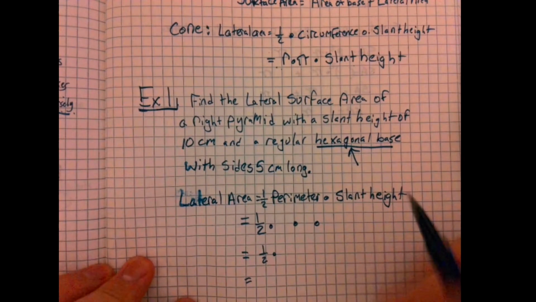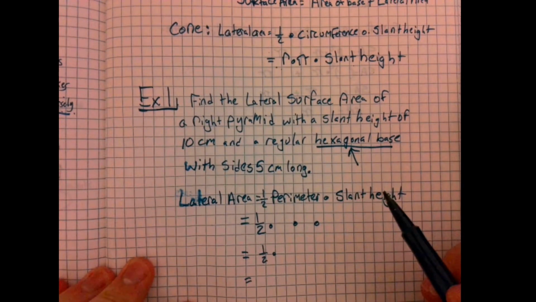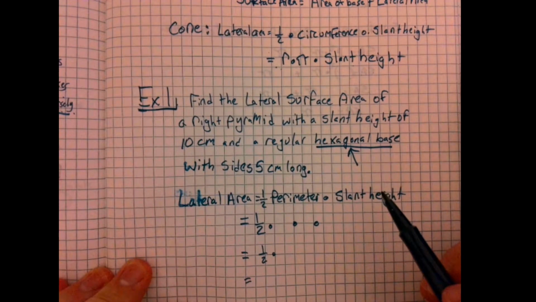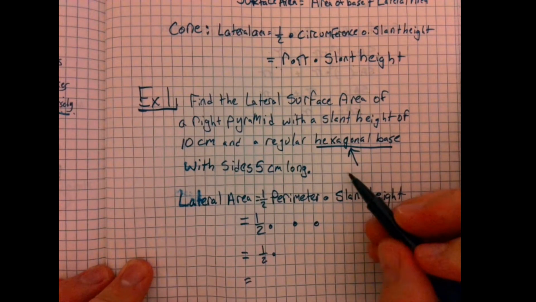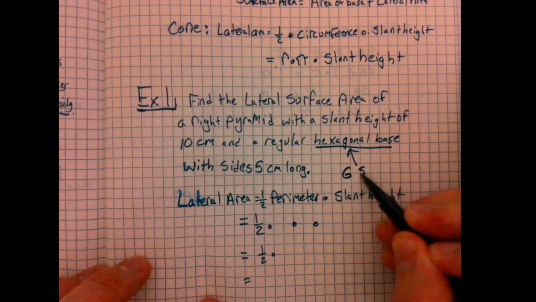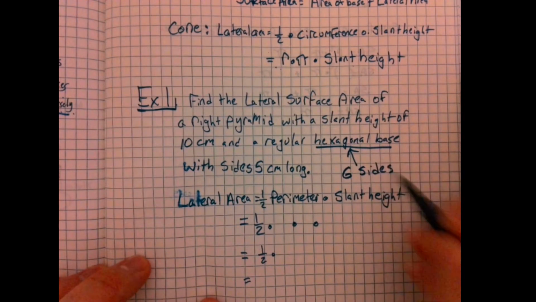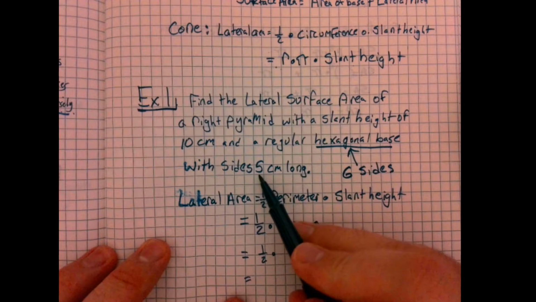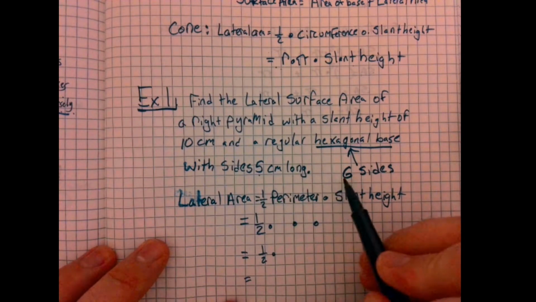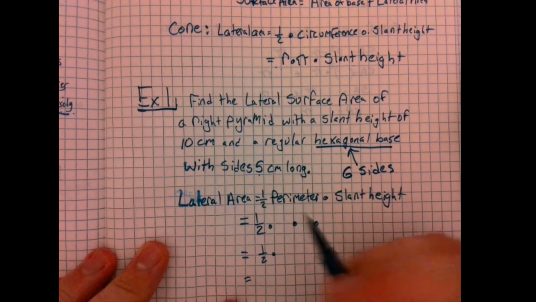Example 1 says to find the lateral area of a right pyramid with a slant height of 10 centimeters and a regular hexagonal base with sides 5 centimeters long. Well, a hexagonal base means that there are 6 sides in our base. So we need to find the perimeter first, and perimeter is going to be the number of sides times the length that each side is.